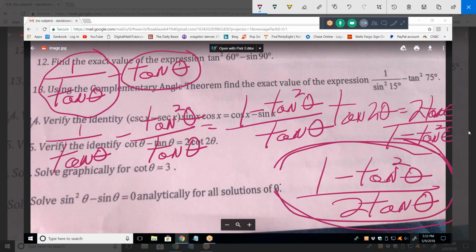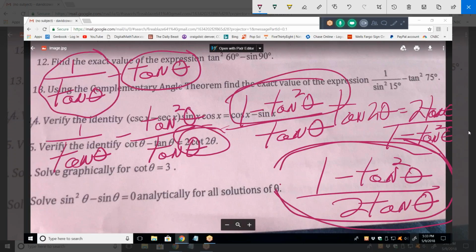Now you get 1 minus tan squared theta over tan theta. How do you get the 2, though? Now, good question. Yeah, how is that equal to that? Well, I was certain that would be the direction for our solution. Now I can't see it because that doesn't have an identity.